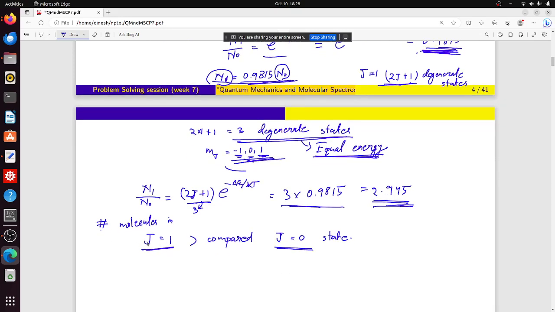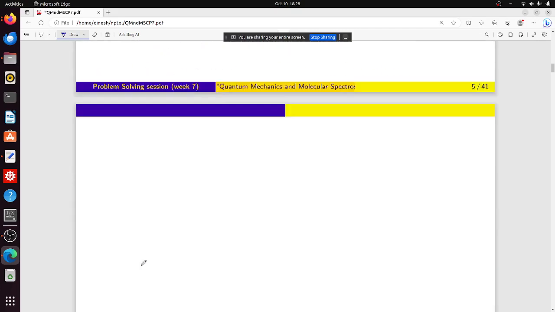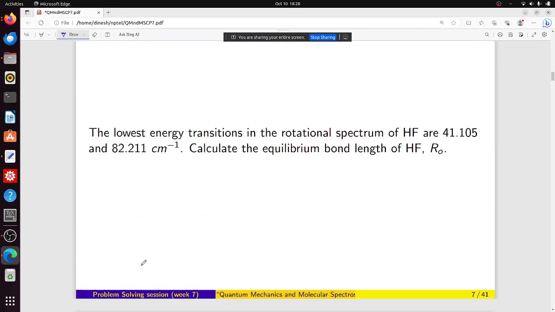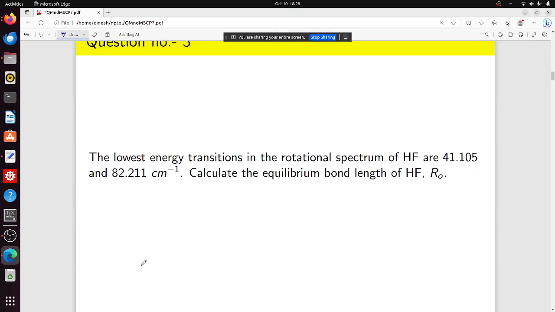So the number of molecules in J equal to 1 state is greater compared to J equal to 0 state. Okay, this is due to degeneracy. So any doubts? Okay, so I assume no doubts. Moving on to the next question.